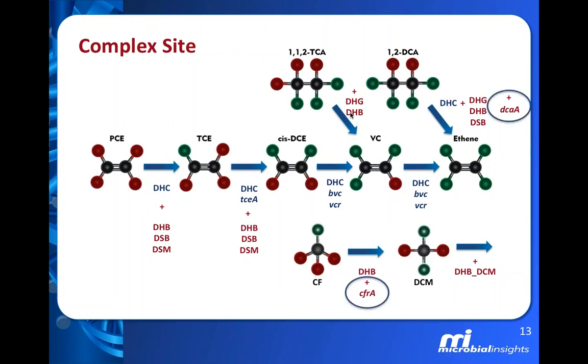Plus, the importance of quantifying functional genes for reductive dechlorination is becoming increasingly apparent. Not all Dehalobacter and Desulfitobacterium strains can utilize chloroform, for example. So quantification of this cfrA gene for chloroform reductase is the only way that we can know for sure if there's a population capable of the reductive dechlorination of chloroform.